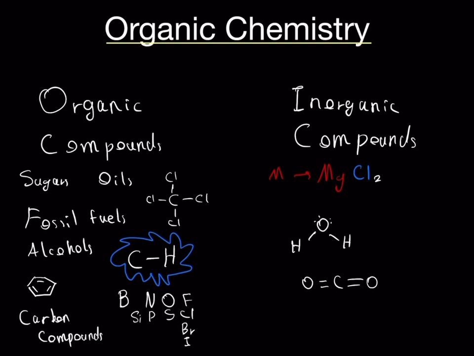Now, boron is going to be pretty rare, so maybe we don't include boron. And also keep in mind all of the macromolecules are going to be organic compounds, so proteins, carbohydrates, and fats or lipids.